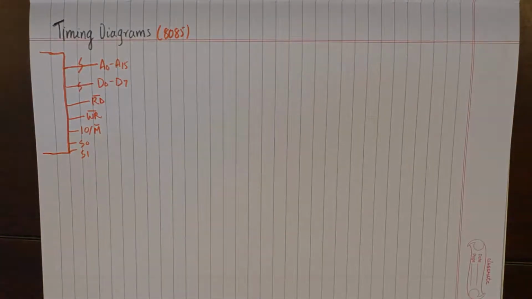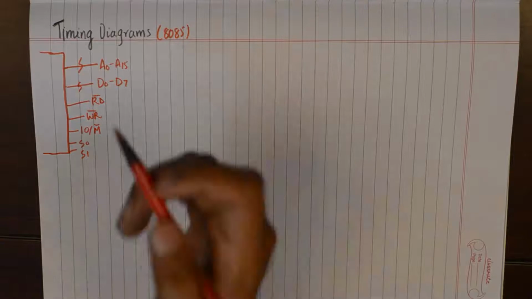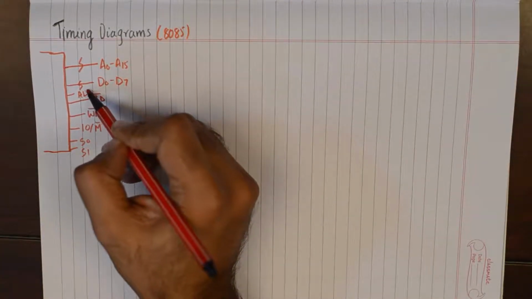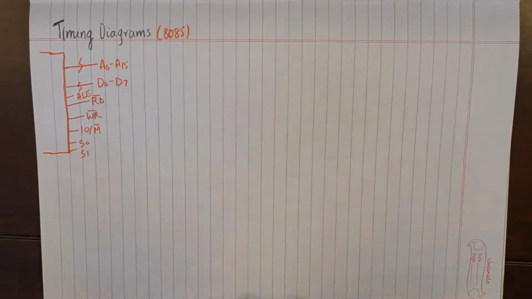Now whenever we fetch an instruction from the memory, what is the status of the pins at a given point in time is what timing diagrams is. So timing diagrams will show you the status of all these pins during the instruction execution interval.